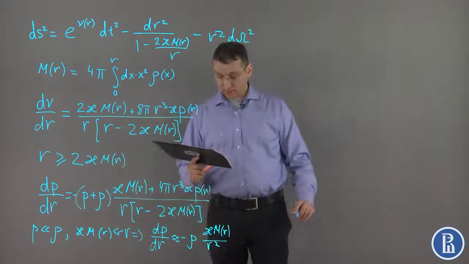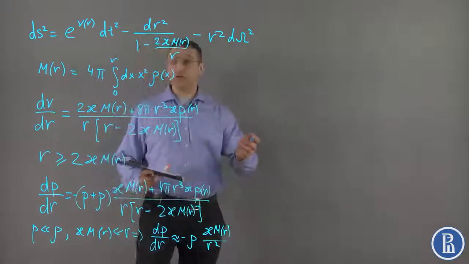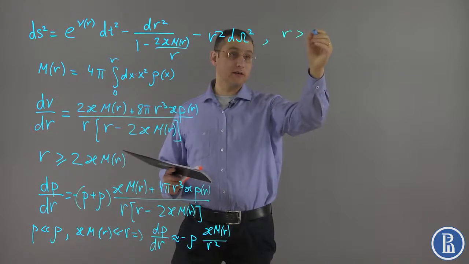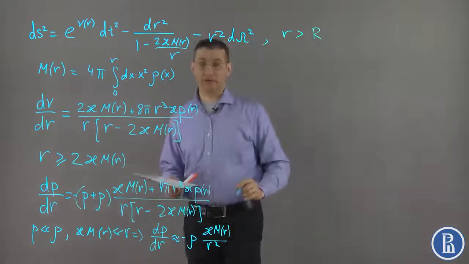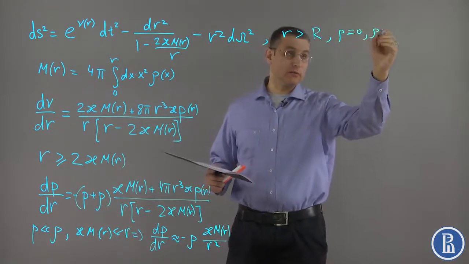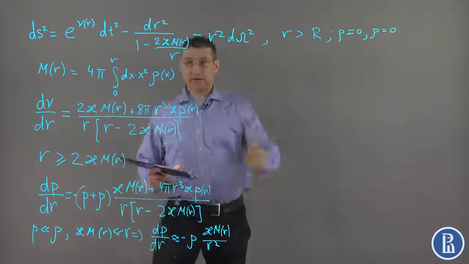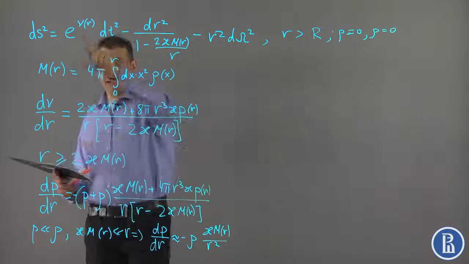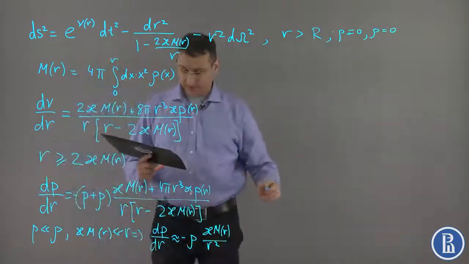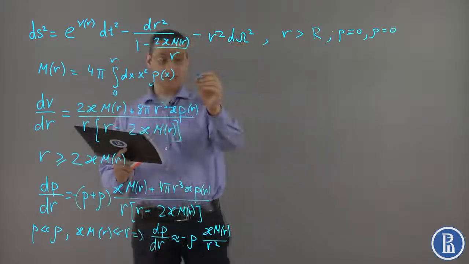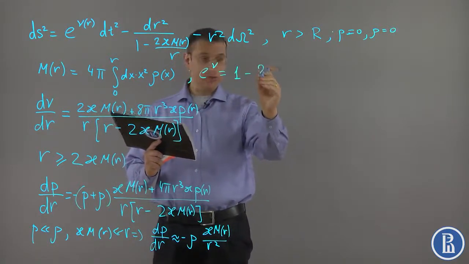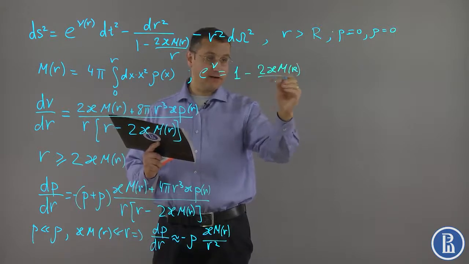Okay, now let me stress a few points about this solution. First of all, when r is greater than big R, the radius of the star, where p is equal to 0 and rho is equal to 0, this just reduces to the Schwarzschild part of the metric. And in this region, we can solve this equation, and the result of the solution is nothing but that e to the nu is equal to 1 minus 2 kappa m of big R divided by r.